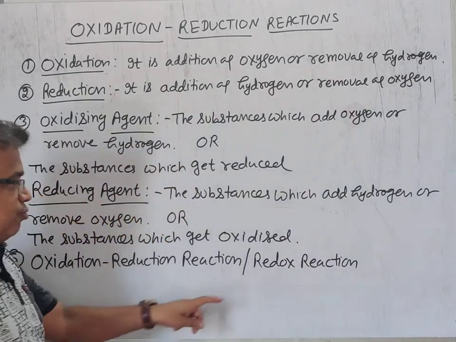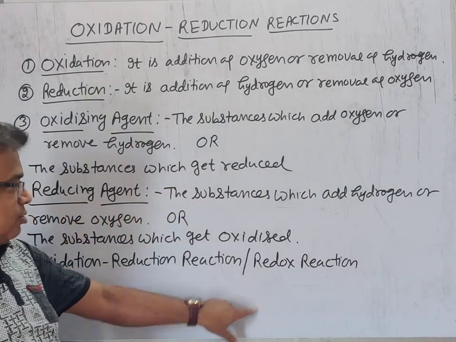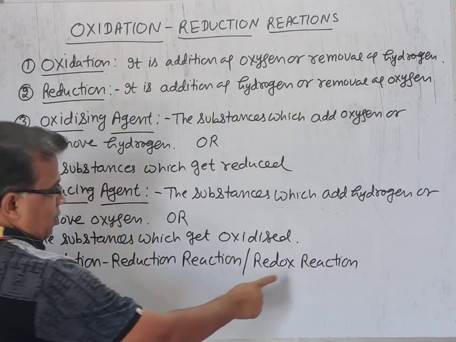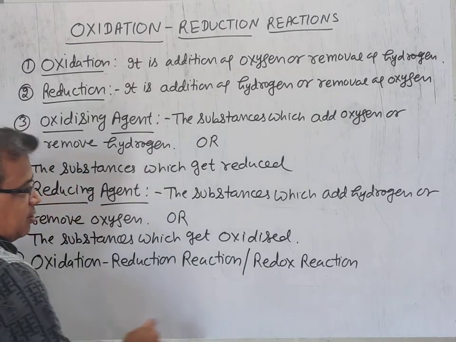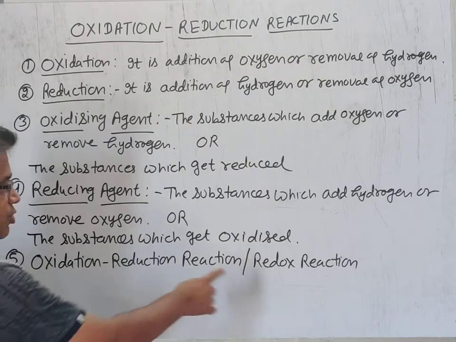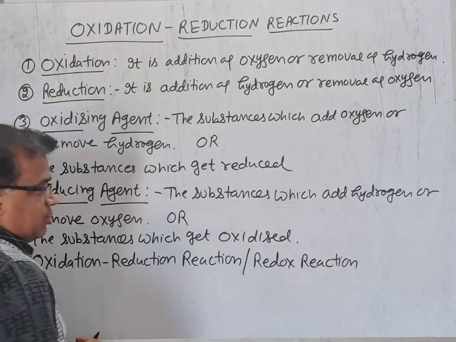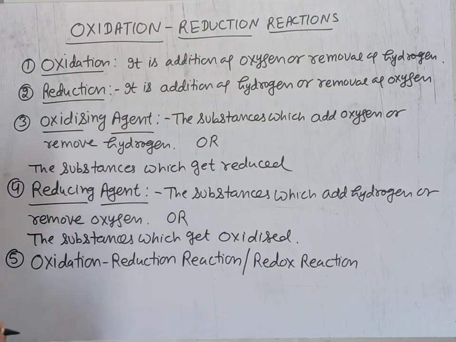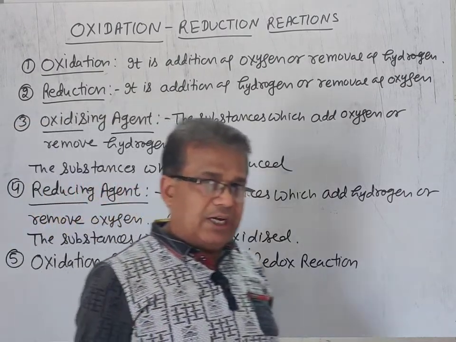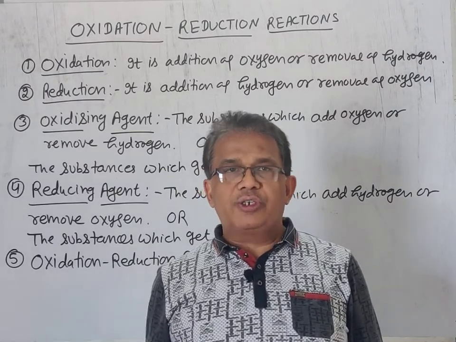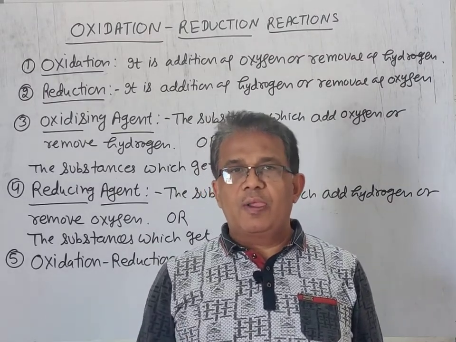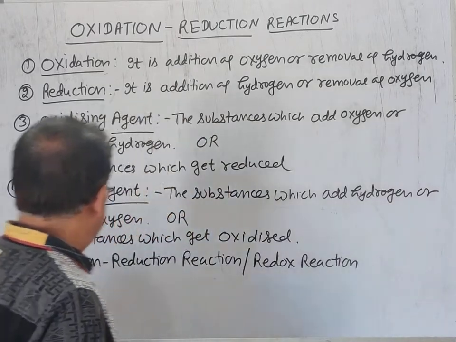It consists of two words, redox. So ox represents oxidation, red represents reduction. So oxidation reduction reaction is known as redox reaction. Reaction in which one substance gets oxidized and other substance gets reduced is known as oxidation reduction reaction or redox reaction.